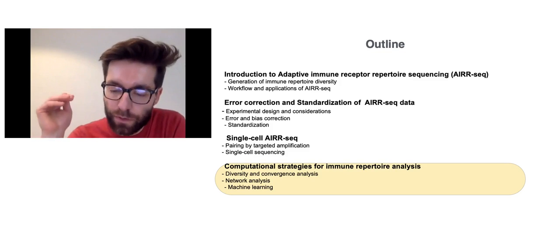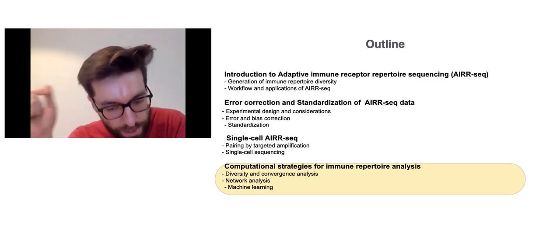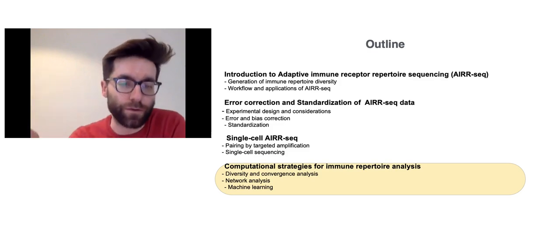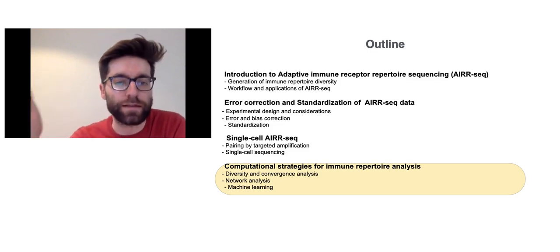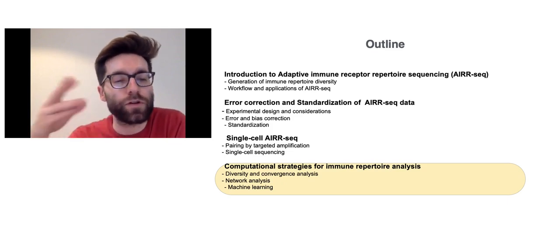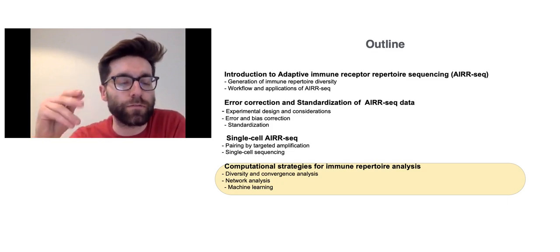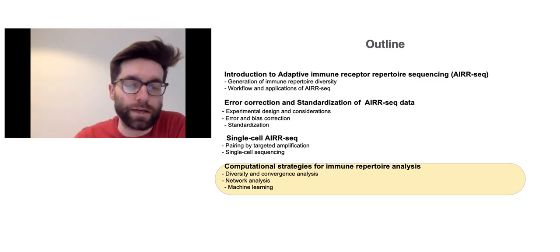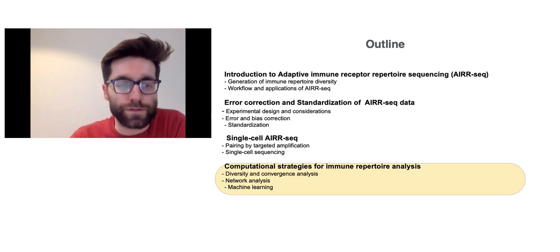As before, I will go quite quickly and only show you brief glimpses of the field. And as with all of my slides, I apologize if I don't show works of some groups or some people. There's just too much, and I had to make some decisions.